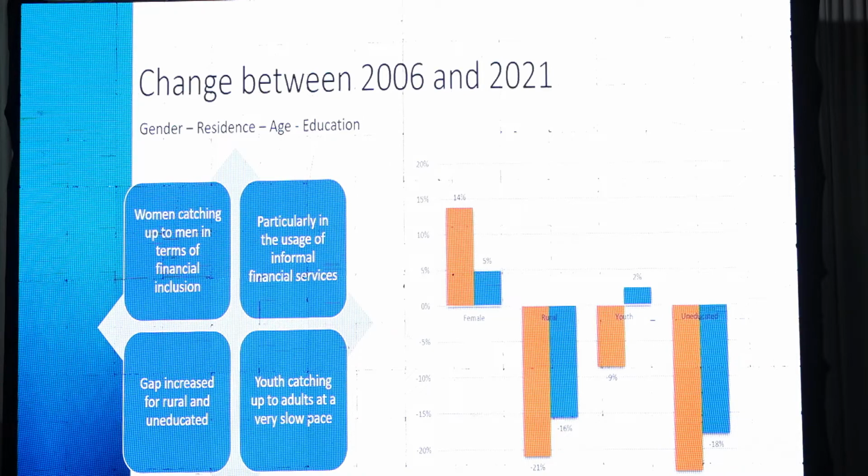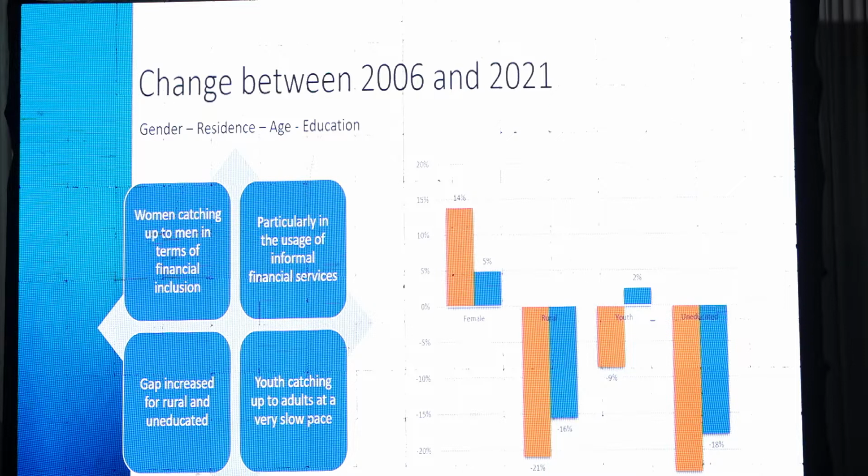And so this higher indicator indicates that women have been catching up to men in terms of financial inclusion. So we see a definite improvement for female for the neutral indicator. However, when we look at the formal indicator, we see also catching up, but at a much lower pace.